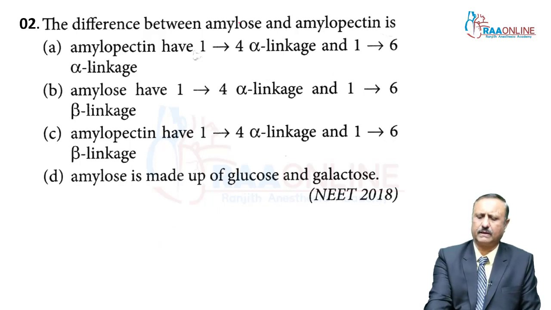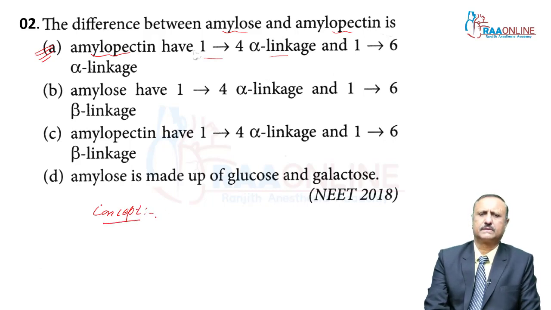In amylopectin, 1,4 alpha linkage and 1,6 linkage, two types of linkage, are present, while in amylose only 1,4 alpha linkage is present. So the concept is that you can learn these points. Starch is amylose plus amylopectin.